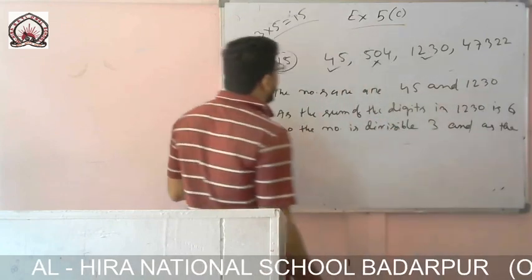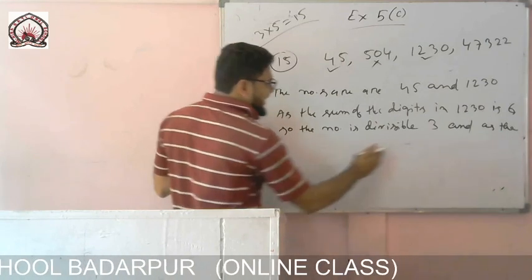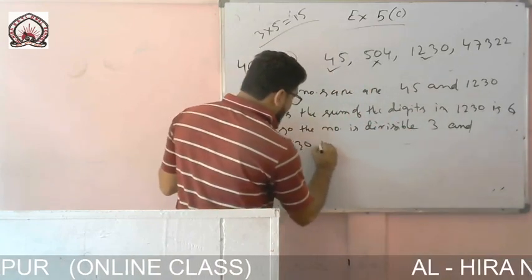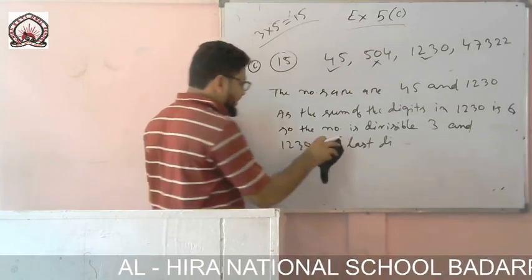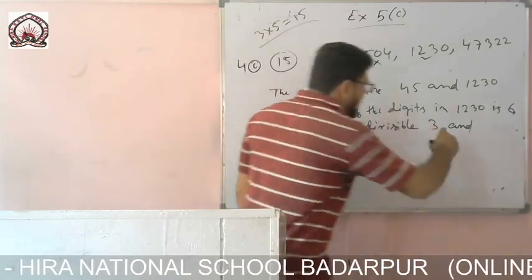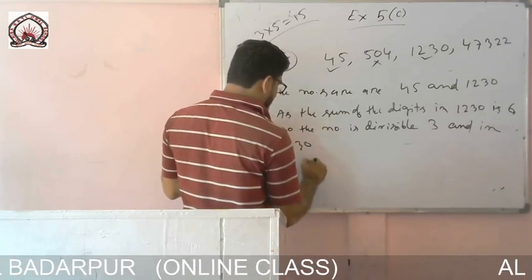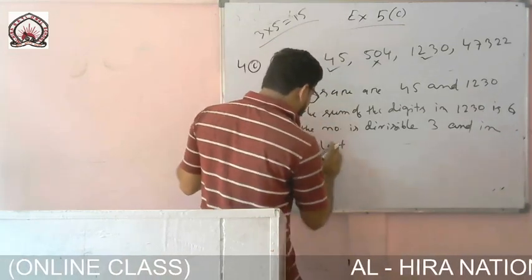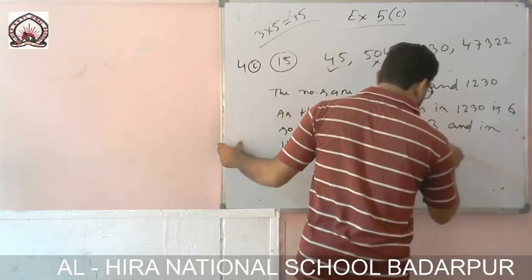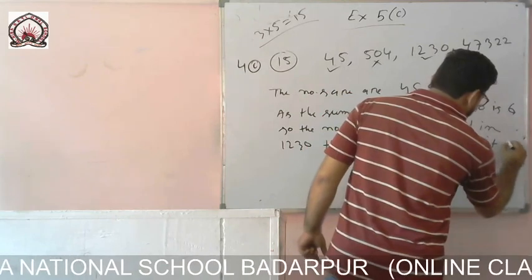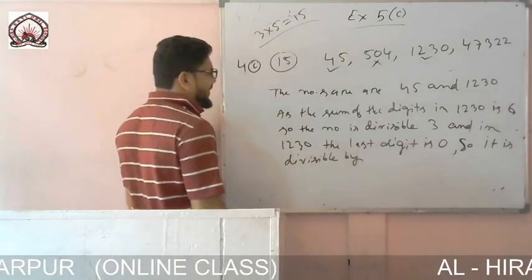And in 1, 2, 3, 0 the last digit is 0, so it is divisible by 5.